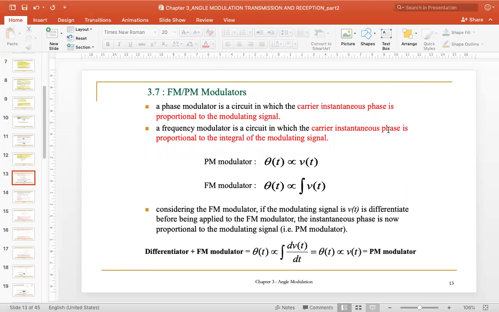So basically, for chapter 3, part 2B, like I said before, this is more on the theoretical side. You don't need to go into detail on the process of each modulator, demodulator, transmitter, and receiver. Just know it in brief.